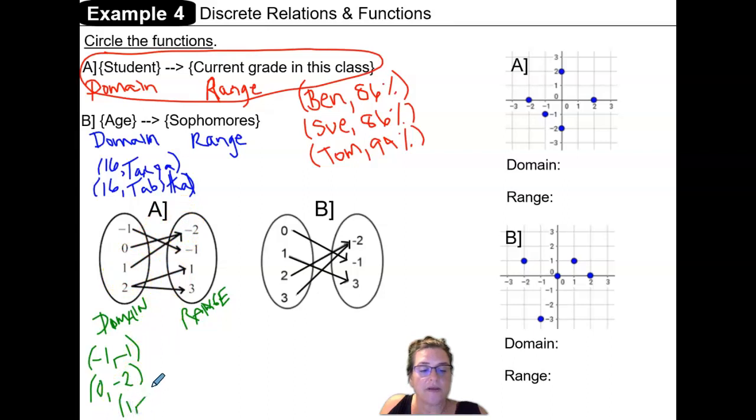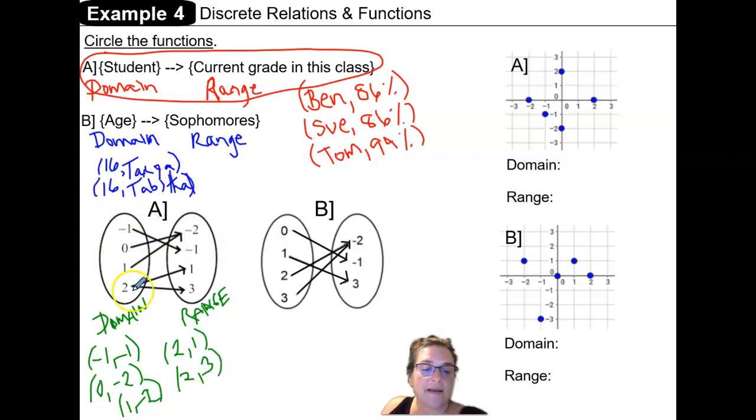So 1, -2 is in this relation. 2 maps to 1. So 2, 1. Oops, my computer is dragging, so things aren't writing very quickly. Let's try that again. So we have the point 2, 1, and then 2 also maps to 3, so we have the ordered pair 2, 3.